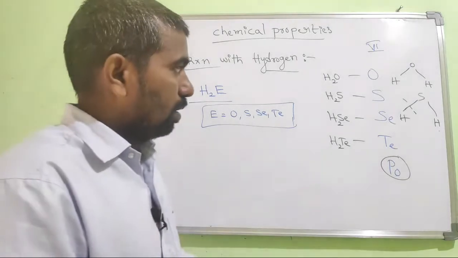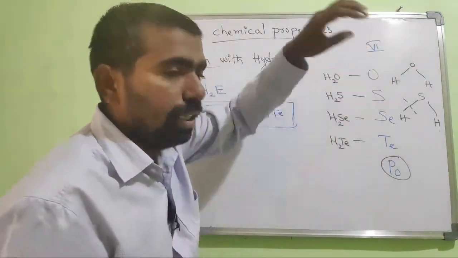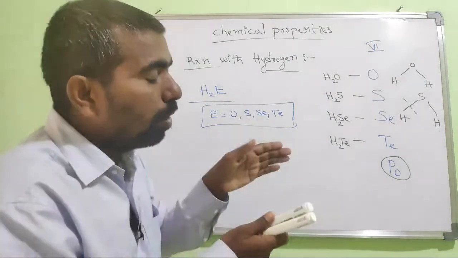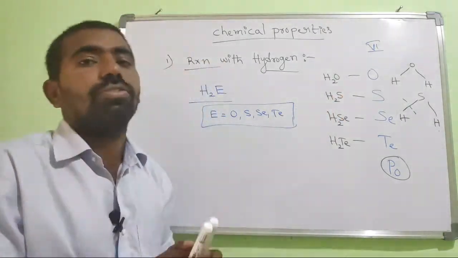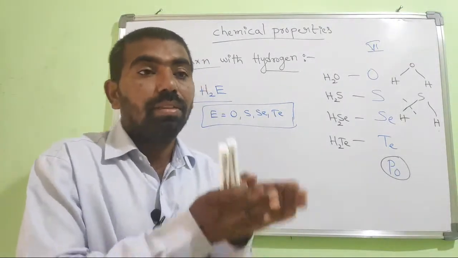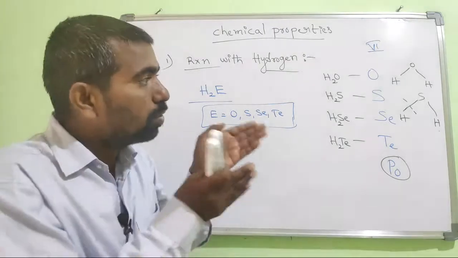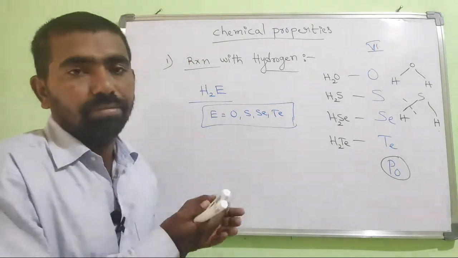So from H2O to H2Te, bond lengths between the central atom and the hydrogen increase. Due to the increase in bond lengths, thermal decomposition of those bonds is very easy.